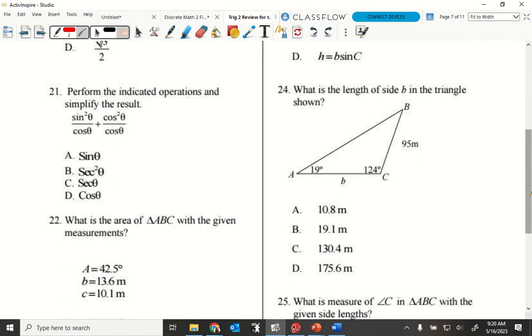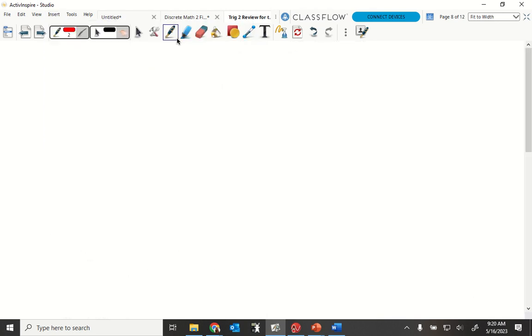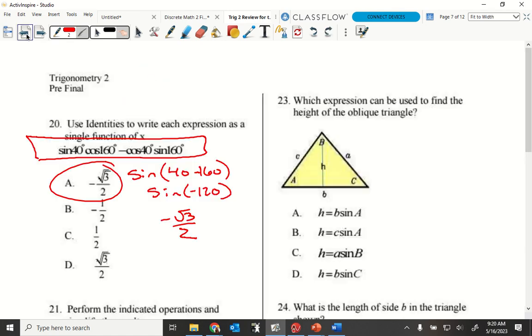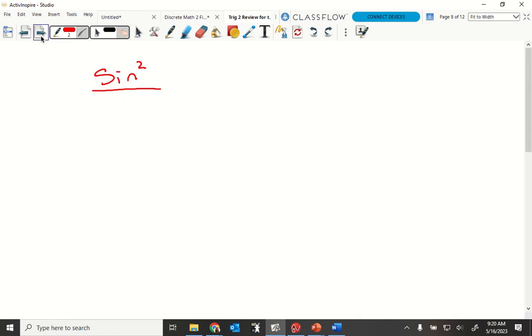All right, 21. Perform this identity. All right, so I'm going to go the sine squared over cosine. Sine squared over cosine plus cosine squared over cosine.